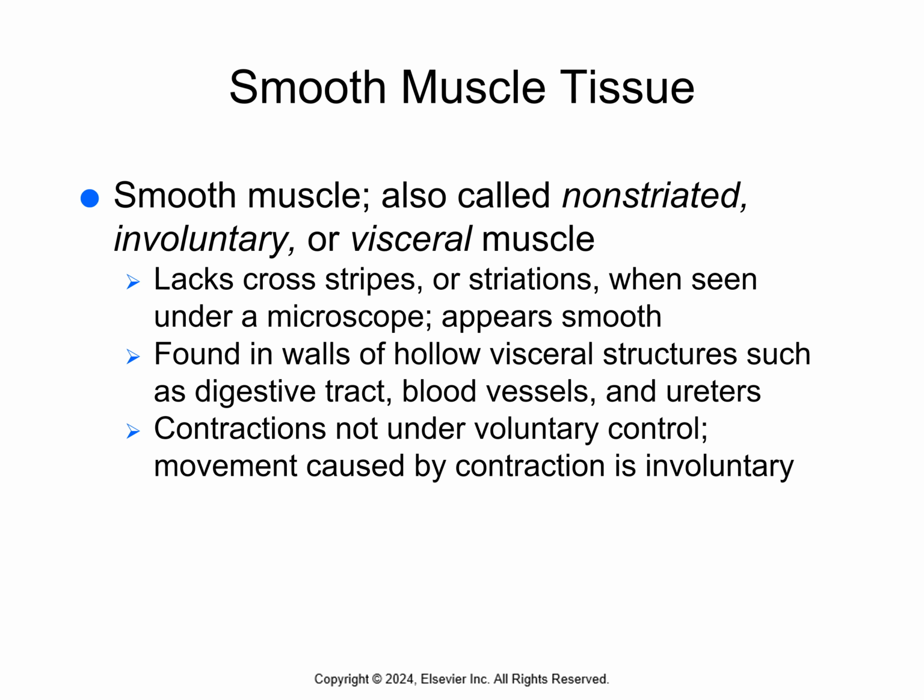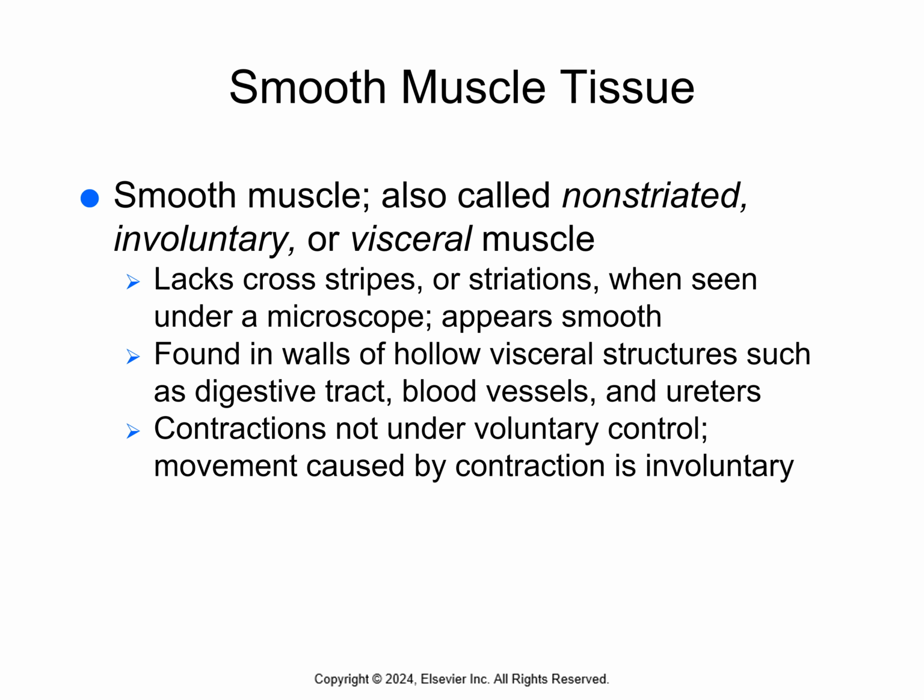So smooth muscle is non-striated and is involuntary, or visceral, muscle. It lacks cross stripes, or striations. If I looked at it microscopically, I won't see any striation, as you see from letter C in the figure. It's found on the walls of hollow visceral structures such as your digestive tract, your guts, your colon, your intestines, and your blood vessels.